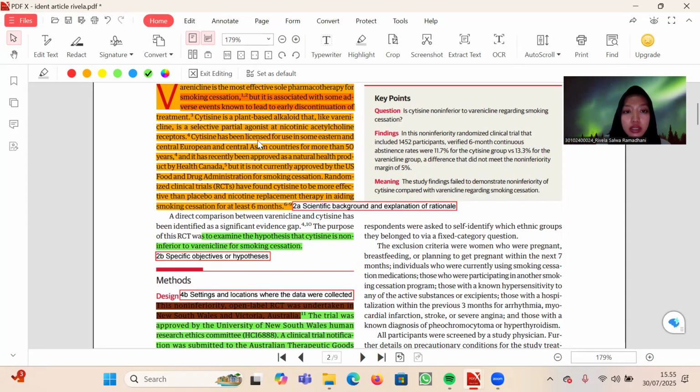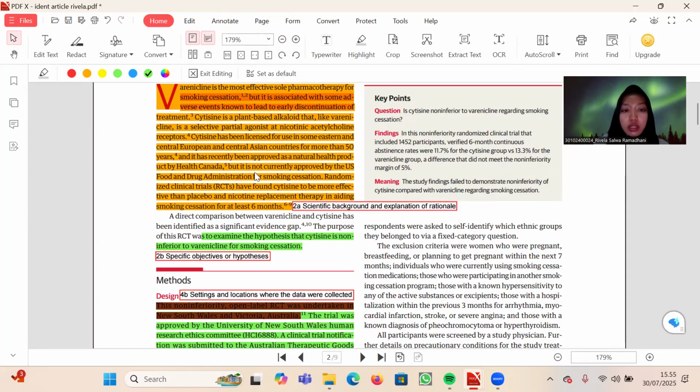Cytisine has been licensed for use in some Eastern and Central European and Central Asian countries for more than 15 years, and it has recently been approved as a natural health product by Health Canada.